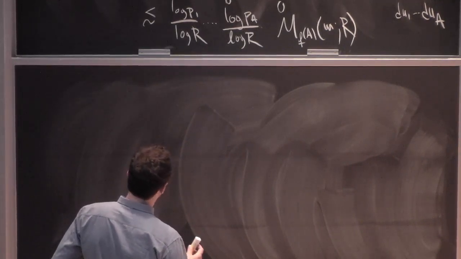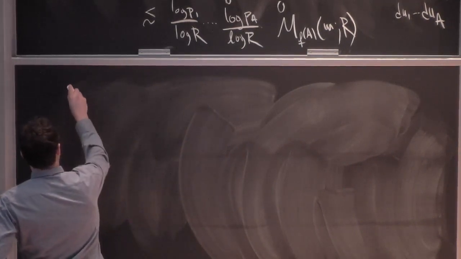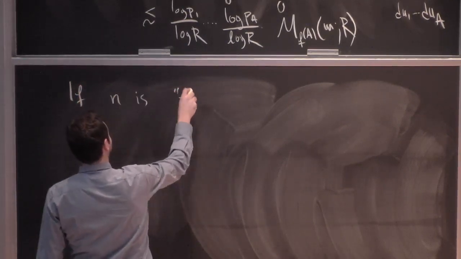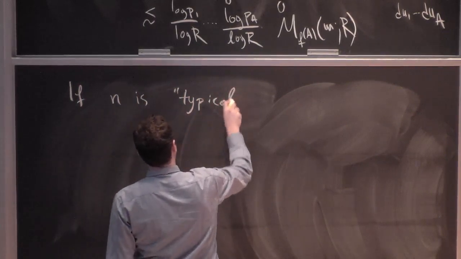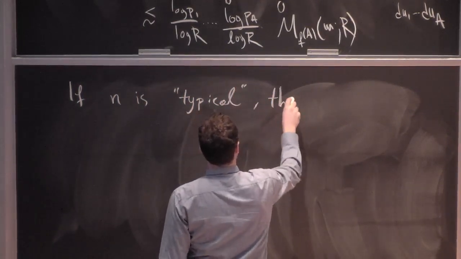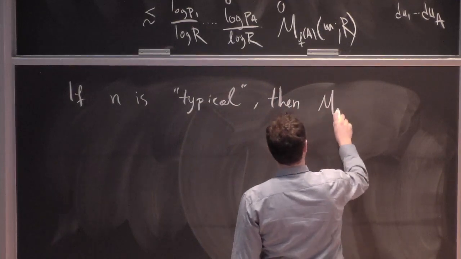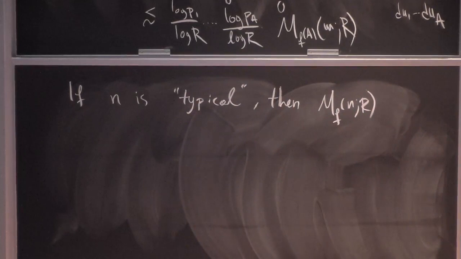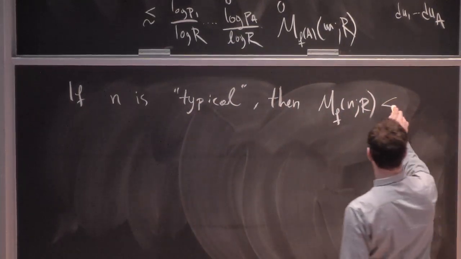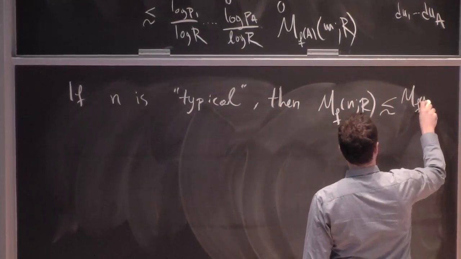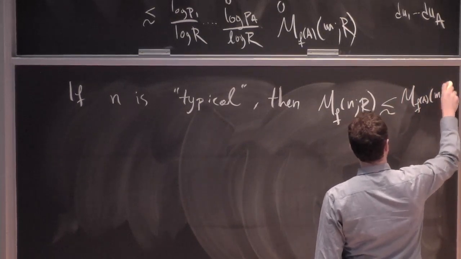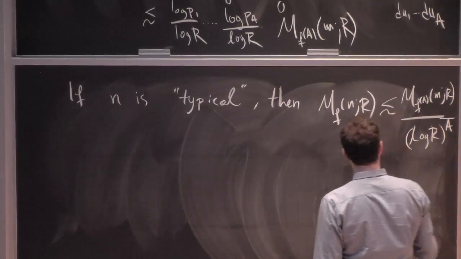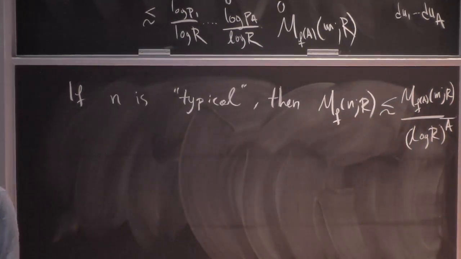So if n is typical, or if, where this is to be interpreted very, very loosely, then essentially a derivatives cut r logarithms, reduce the size by a logarithms.